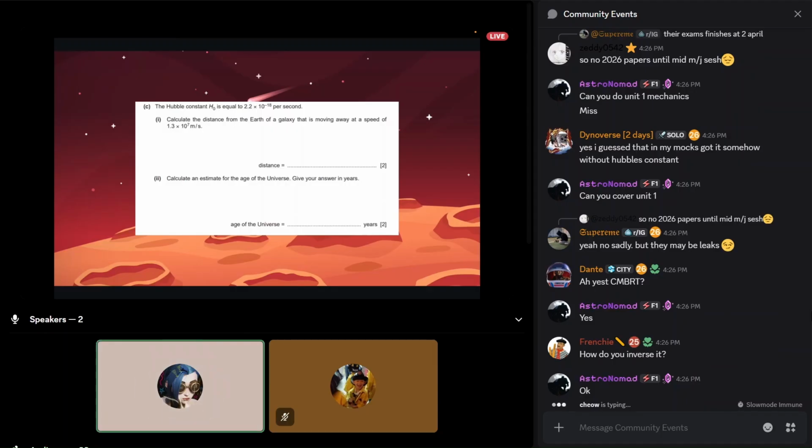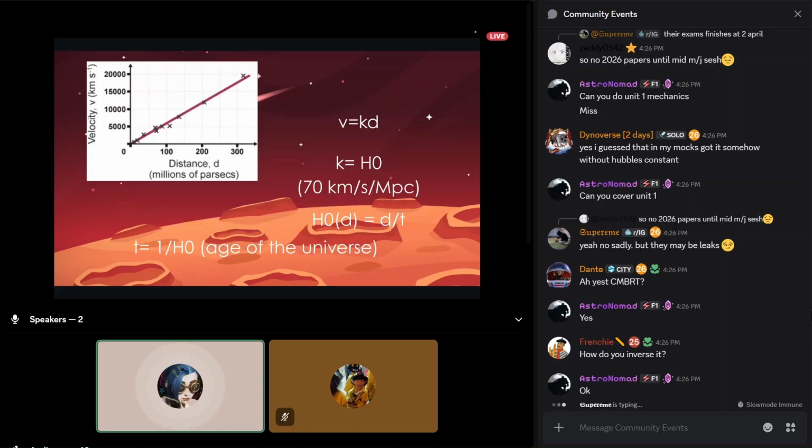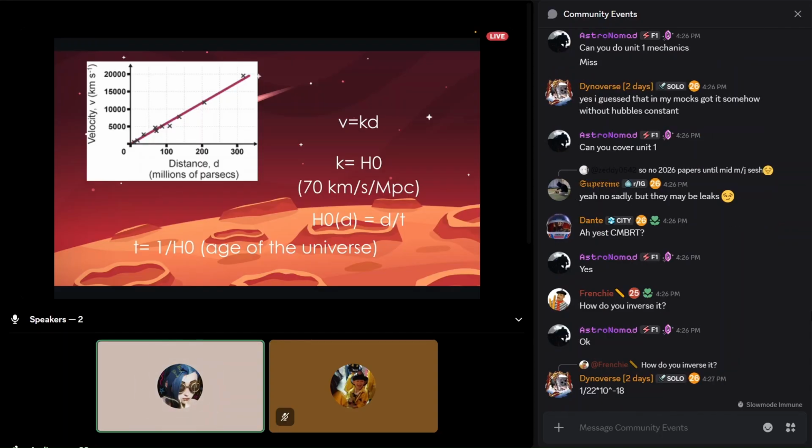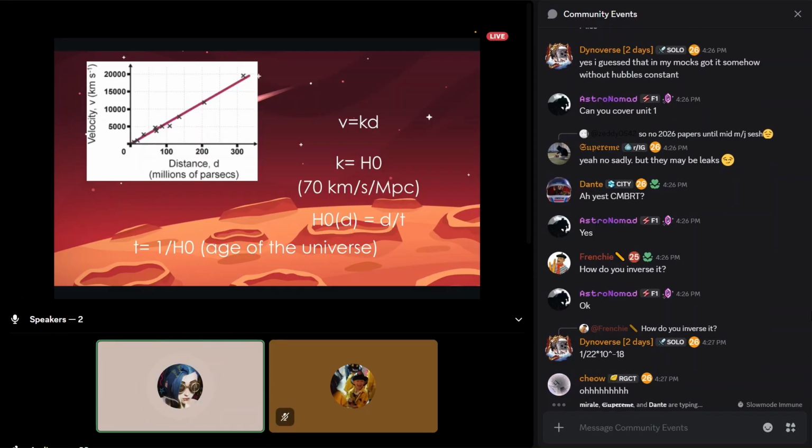Junior, can you go back 1 slide? As you can see, Hubble's constant times distance is equal to distance over time, because both sides equal velocity. So you equate both of them and cancel out distance. So basically, 1 over Hubble constant is time. Get it?